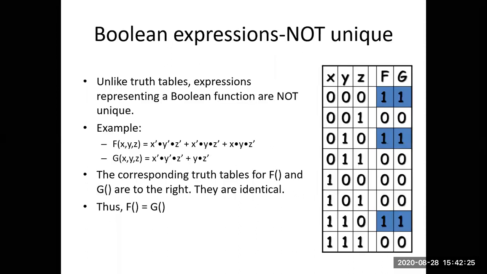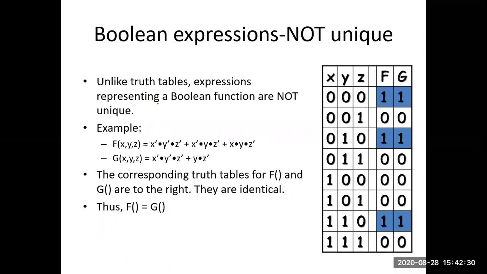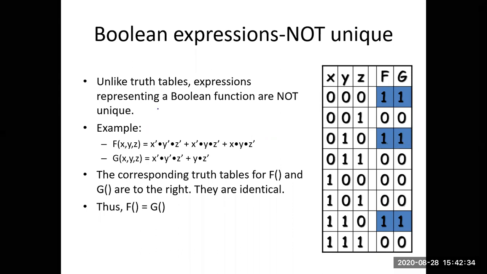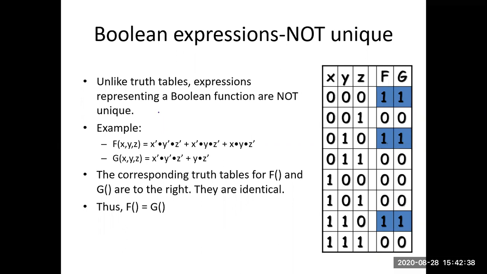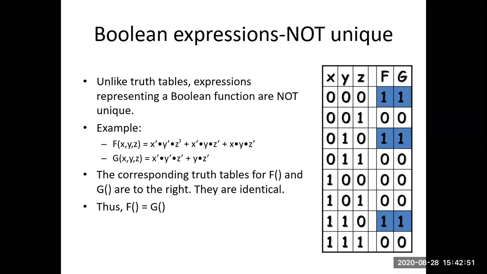So to remove this problem, we mainly apply Boolean algebra, which I already covered in the previous lecture. In this case, you can see we have two expressions or two functions, one is f, another is g. By viewing the f and g functions, I can say that these two functions are different.